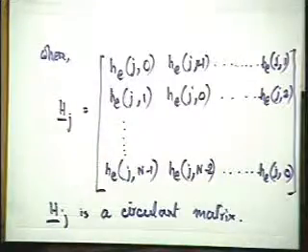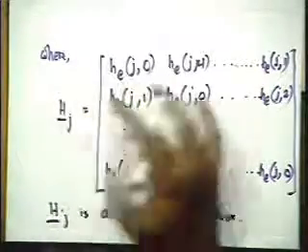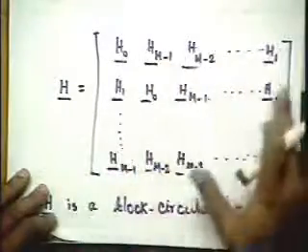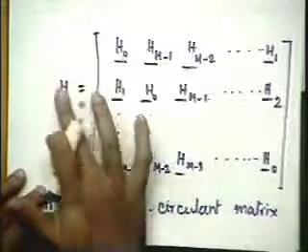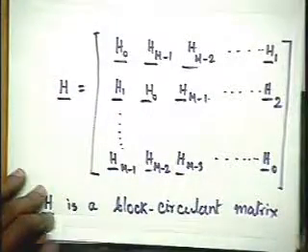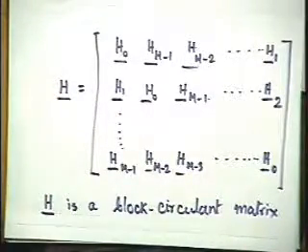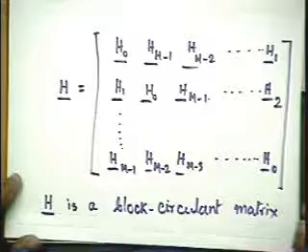All right. So individually all these H_j's are circulant matrices, and when I put all these circulant matrices in here, the overall matrix H of size mn by mn now becomes a block circulant matrix.